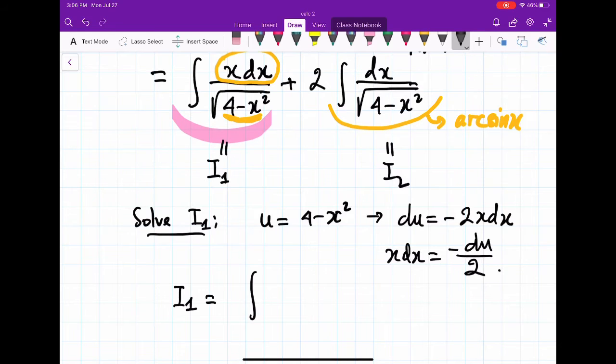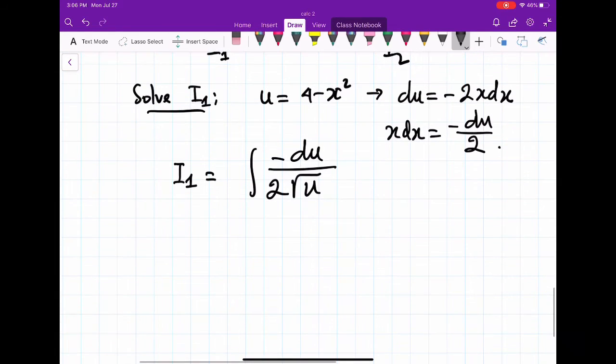I have x dx is negative du over 2 and then square root of u, right? Square root of u, which is good. That is power 1 over 2, right? So I can convert this into a power function. I write du over u to the 1/2. I just took negative 1/2 out of the integral because that is just a coefficient.